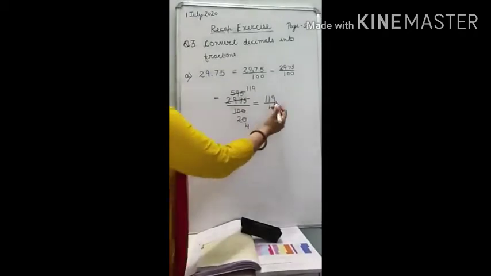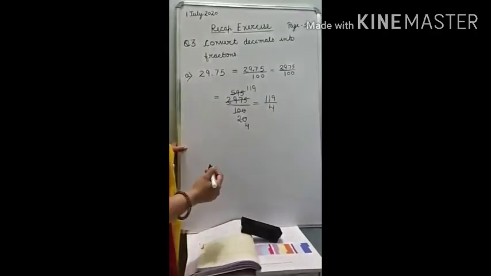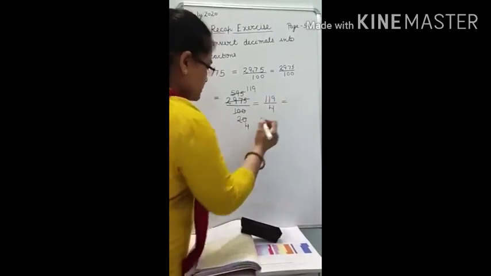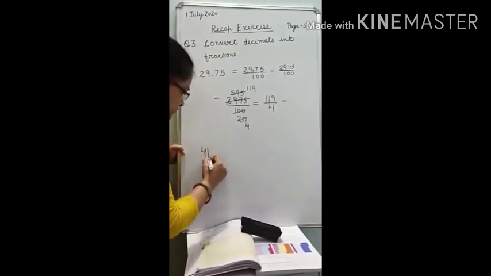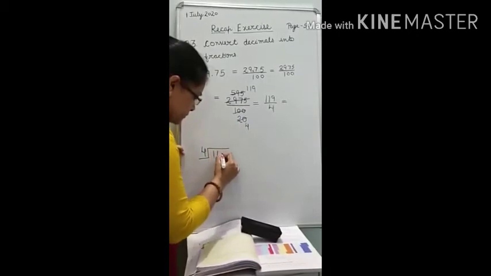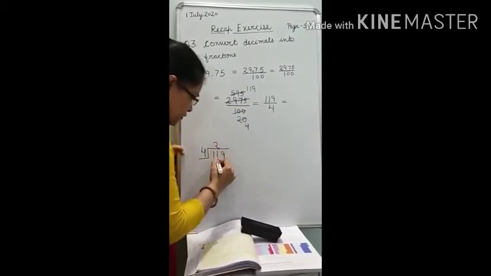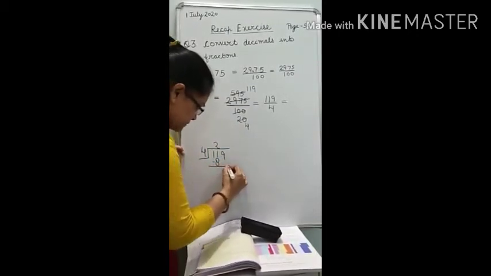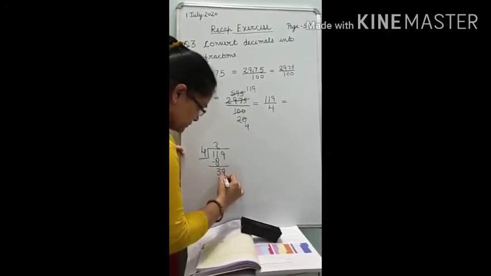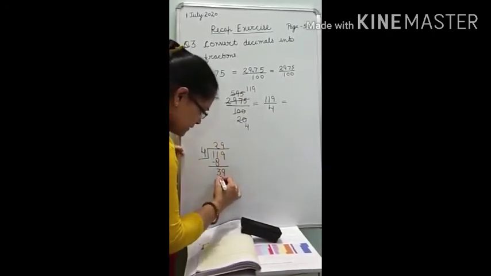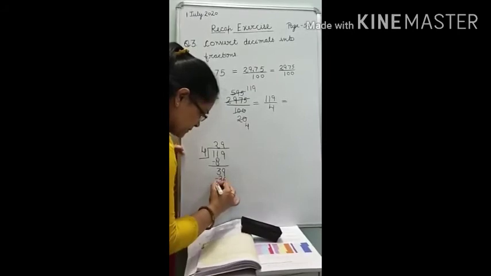Now as this is the improper fraction, now we will convert this into mixed fraction by dividing. So you will divide it. So 4 2s are 8. 4 9s are 36.